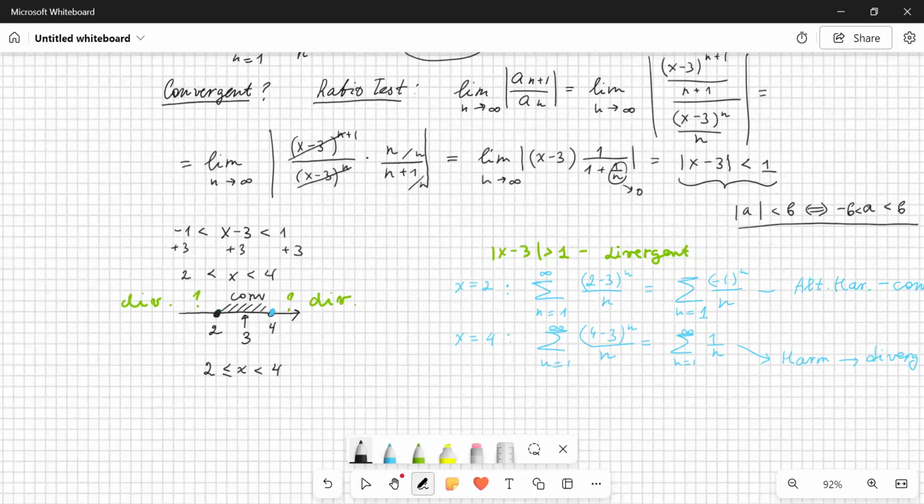So at 2, it's convergent. At 4, it's already divergent. That's going to be my interval of convergence.